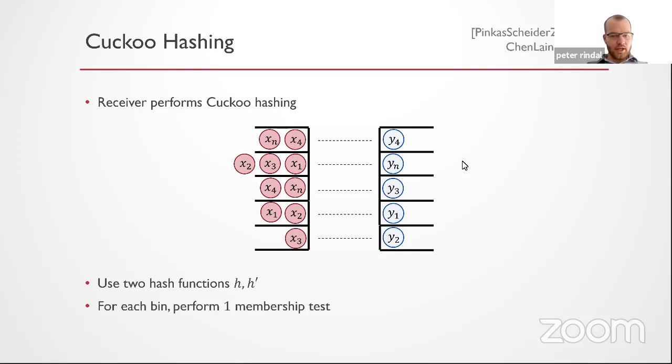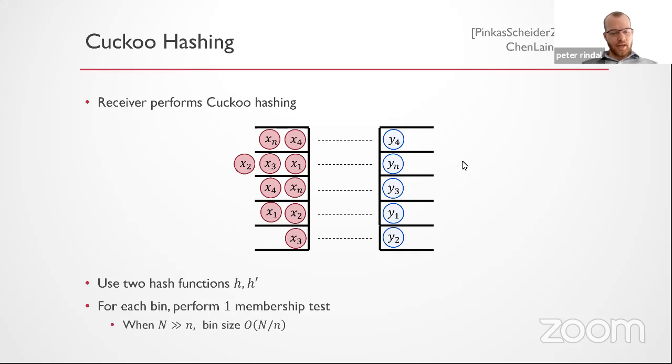So here you can see x1 is in the second bin and in the fourth bin, because those are the 2 locations that the hash function mapped it to. And so we have a guarantee that if some, say, yn equals x1, then yn will be in one of these 2 locations too. And so if we just do a membership test per bin, then we will get the final result that we desire.